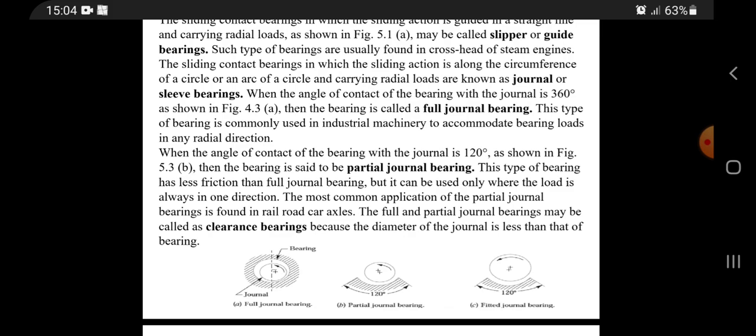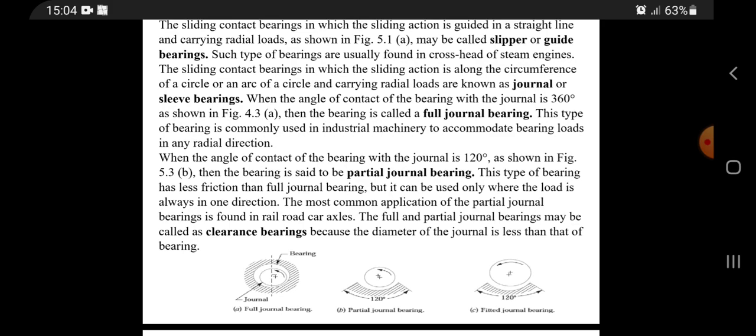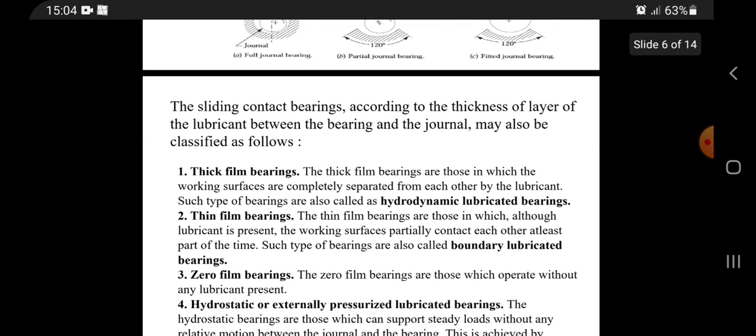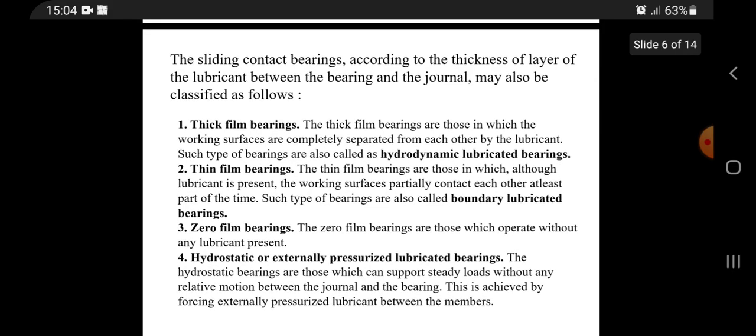The full and partial journal bearings may be called clearance bearings because the diameter of the journal is less than that of the bearing. The sliding contact bearings, according to the thickness of the layer of lubrication between the bearing and the journal, may be classified as follows.